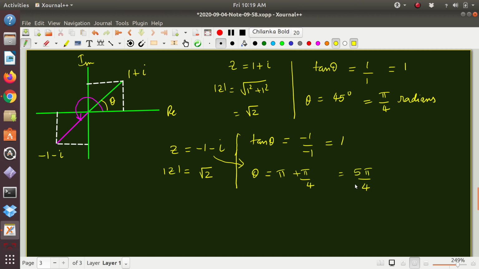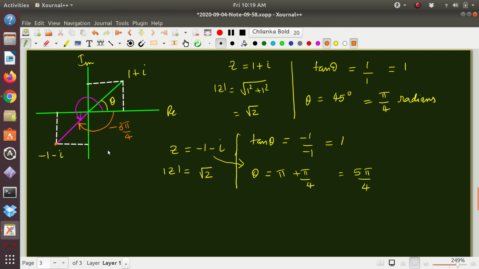Now there are multiple ways of deciding on the angle. Here I have measured the angle in the counterclockwise direction, and angles measured counterclockwise are always considered positive. Instead, if you were to find the angle made by this same line from the origin to this point by going in the clockwise direction, which is negative, the answer will be -3 pi by 4.